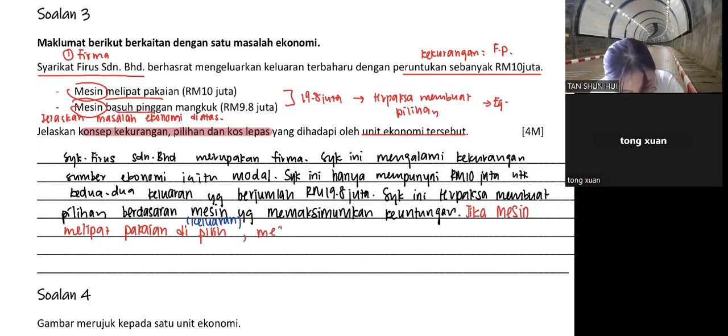You can tell me, mesin basuh pinggan mangkuk yang membawa keuntungan yang kedua terbaik. Why didn't I choose them? Must be they are not the best. They are second best. Membawa keuntungan yang kedua terbaik.